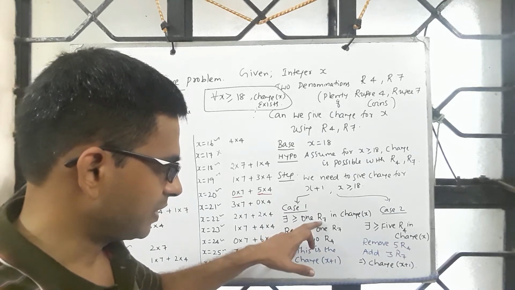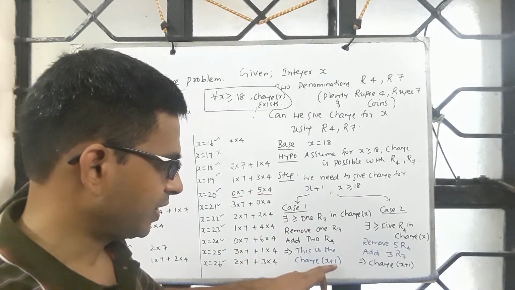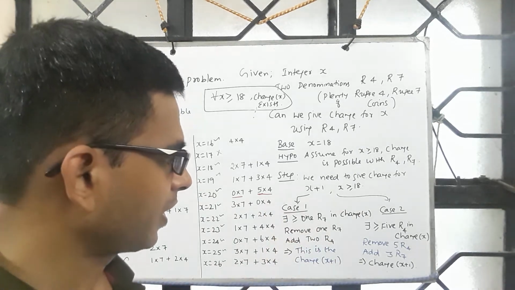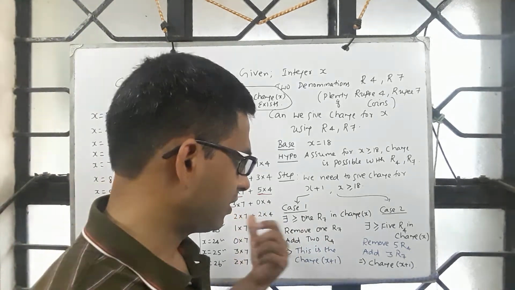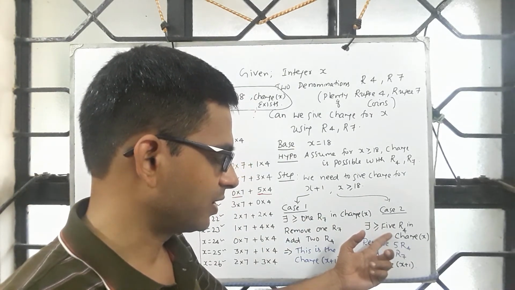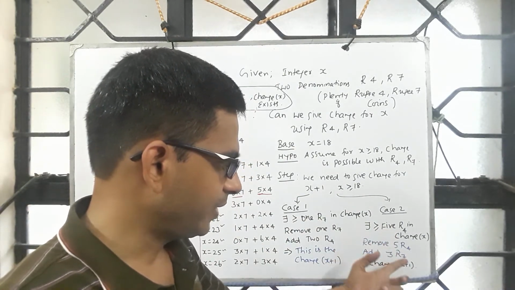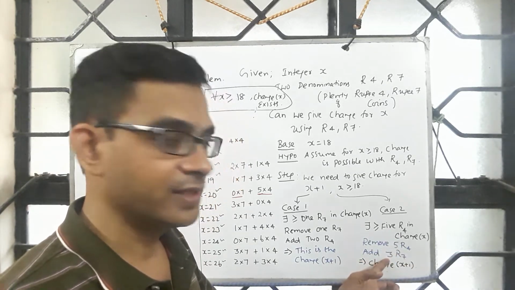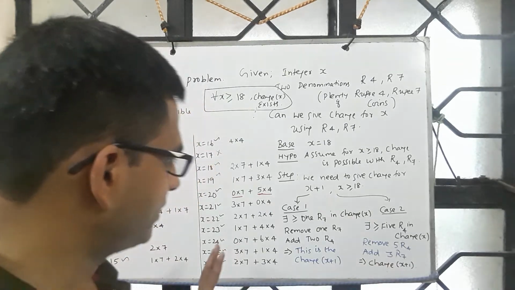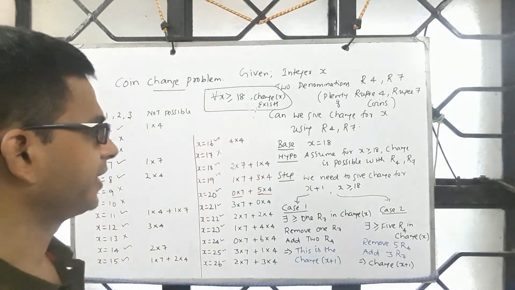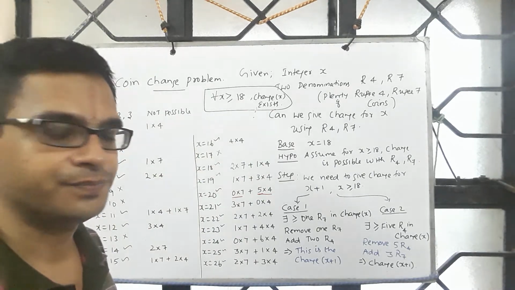So you have removed 1 7 and this additional 1, together you get 8, you place 2 4s. If you don't find 7, you see that at least 5 4 rupee coins are there, which is 20. So 20 plus 1 is 21. So remove 5 and add 3 7. That completes the proof. With this you can conclude for all x greater than or equal to 18, change exists.